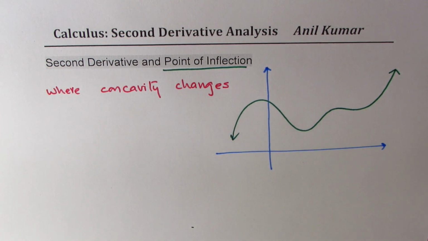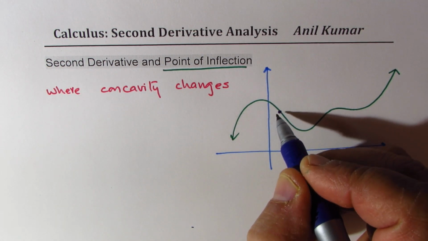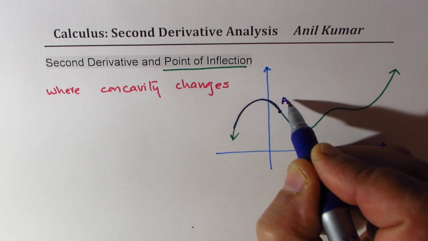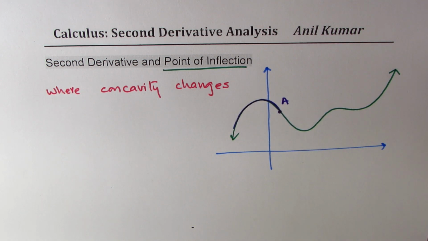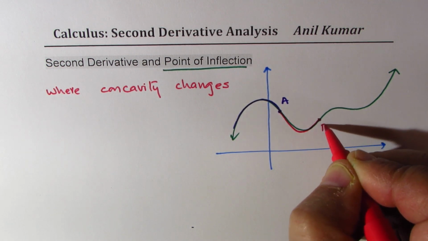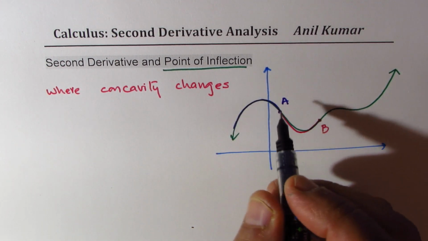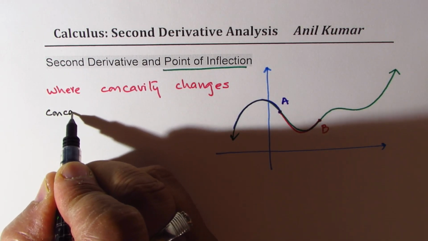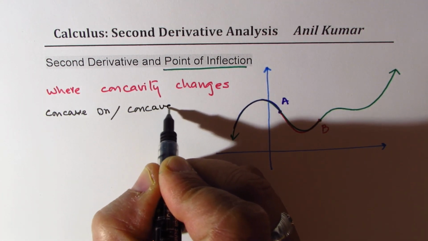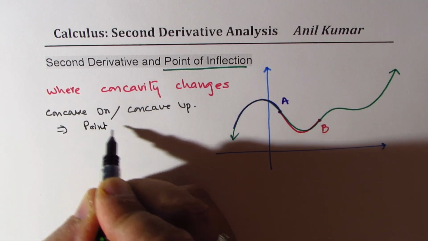We have a curve of a polynomial where up to this point it is concave down. Let's call this point A, and from here to, let's say, the point B, it is concave up. Now if the concavity changes from concave down to concave up, in that case we have a point of inflection.